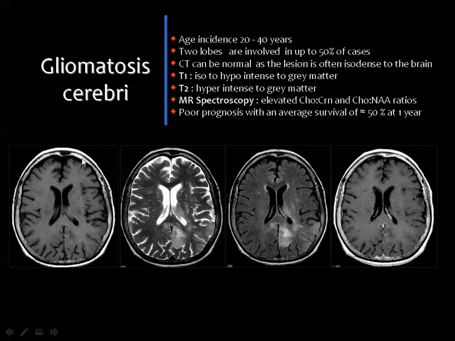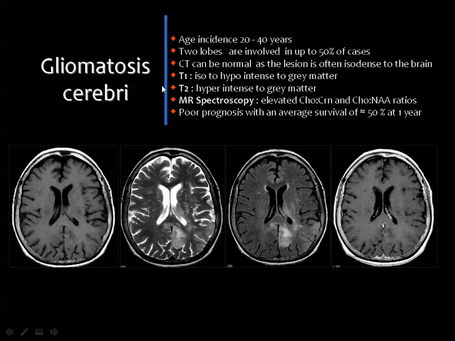As you can see in this example, this is the T1 weighted image showing only compression of the occipital horn of the left lateral ventricle, and you cannot see any tumor tissue. But in the T2 weighted image, you can see some high signal lesion surrounding the occipital horn and also in the FLAIR. This tumor characteristically, if you inject contrast media, will not enhance.